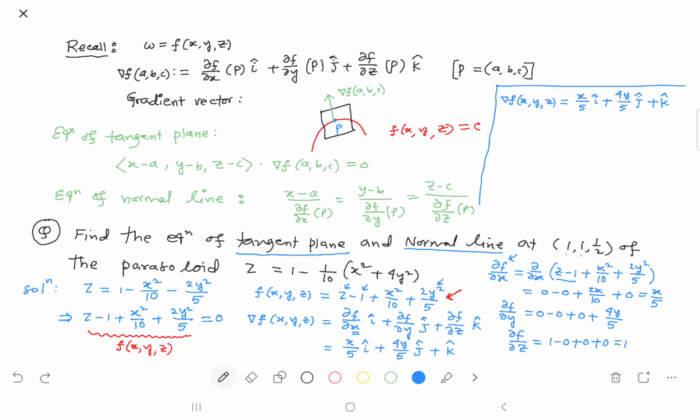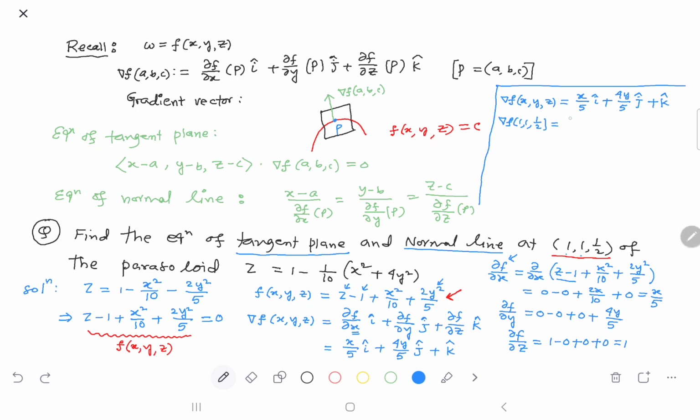Now, at which point do we want it? We want it at the point (1, 1, 1/2), right? So now let's calculate this gradient vector at the point f of (1, 1, 1/2). This means we put x equal to 1, y equal to 1, z equal to 1/2.